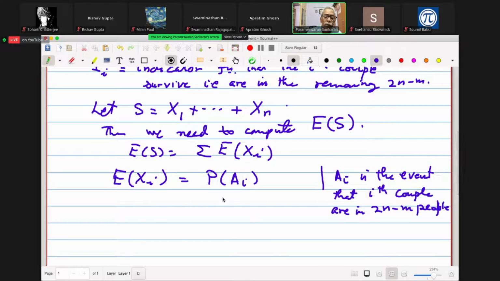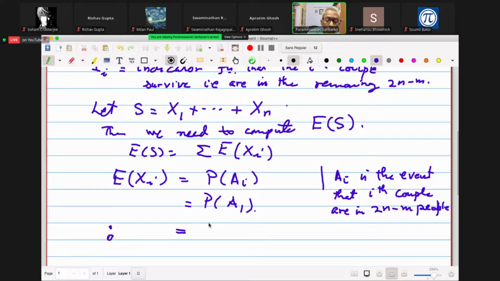Now this is easy to compute. All of these are the same, because the m-element subset is chosen at random, so it doesn't matter; this is the same as A1. You single out one couple, these two are out, and the m chosen people must come from the remaining 2n minus 2.